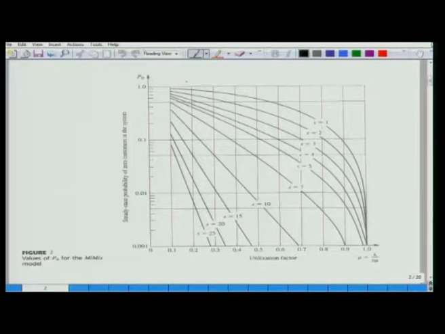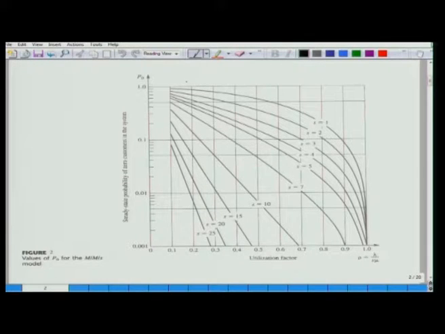In figure 2, the horizontal axis is the utilization factor, that means rho equal to lambda by S mu. So, different values of rho go from 0 to 1, and the vertical axis is the steady state probability of 0 customers in the system. Look at the curves in the graph: you see that the utilization factor is coming down drastically as S increases.